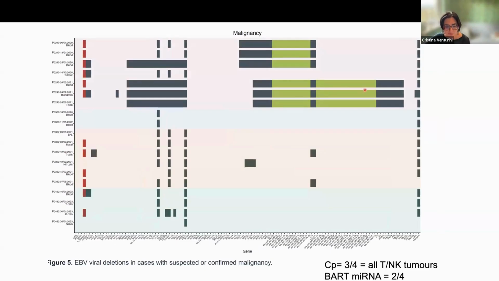We then also had a few malignancy cases, all T or NK tumors, and 3 out of 4 had a C promoter deletion, and one of them also had the BART microRNA deletion. This is the same patient I showed you before, a patient with HLH who then developed malignancy.